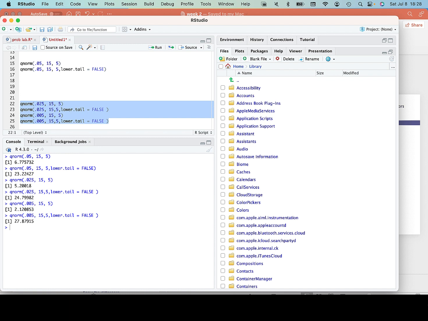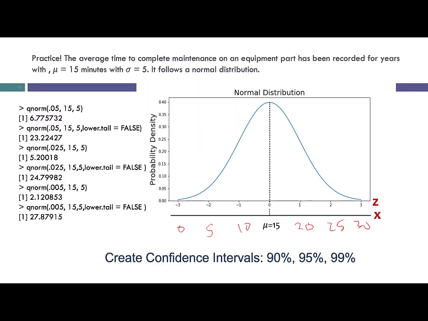We're going to go back to PowerPoint and label our graph. All right, back here in PowerPoint, we can label our normal distribution with these confidence intervals. Our first confidence interval of 90% is going to be around 6.8 up to 23.2.